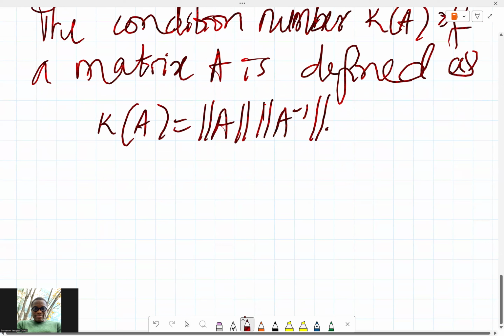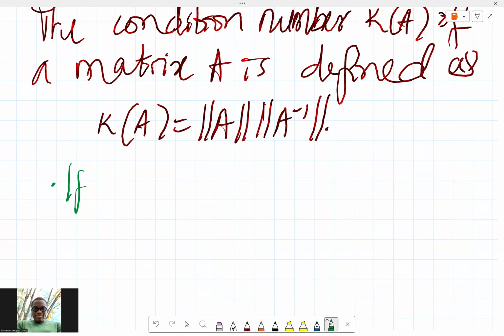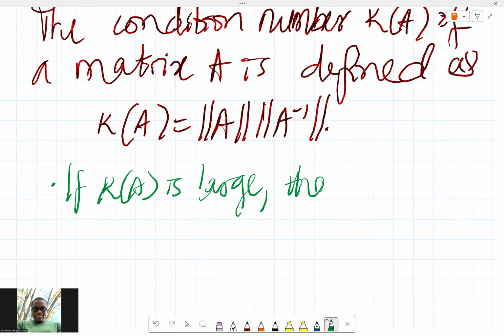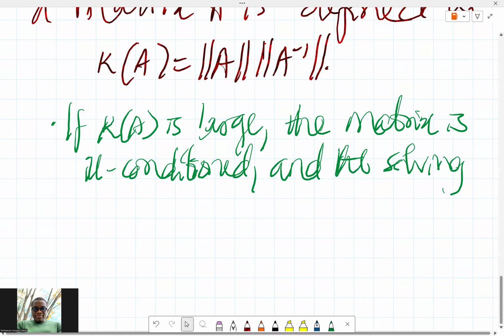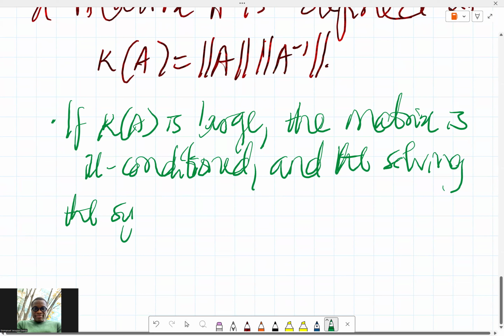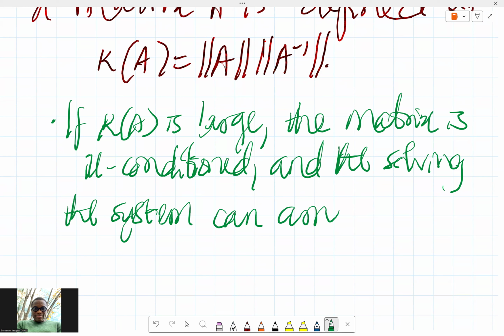So, if K of A is large, the matrix is ill-conditioned, and solving the system can amplify errors.